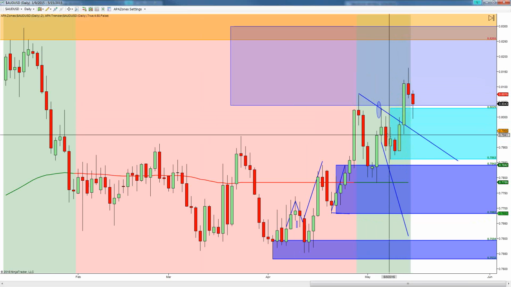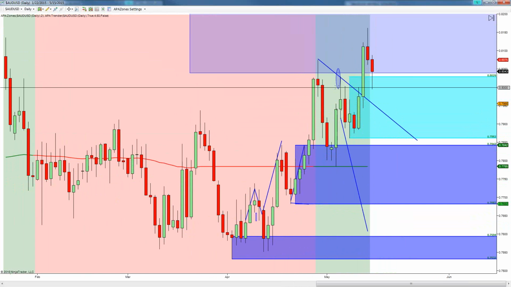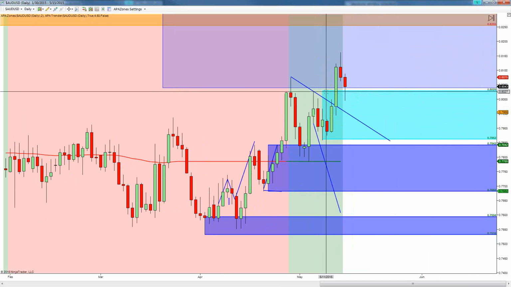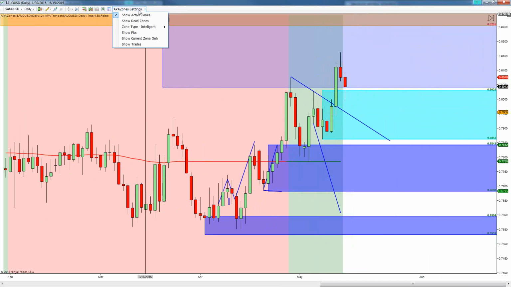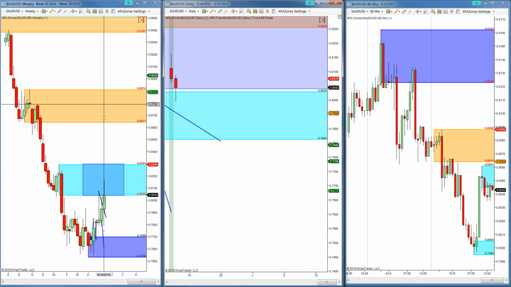I kind of like that little area in there if I was thinking of a short term long or something. But that's a great area too, like you said. I like to see it come up and let's see where, because we're in a great area to short up in there. Right. Same kind of action as the other chart, just looking for a cleaner setup in there. Some double tops.